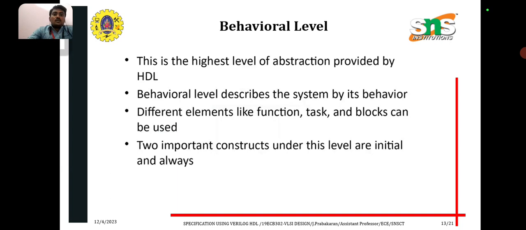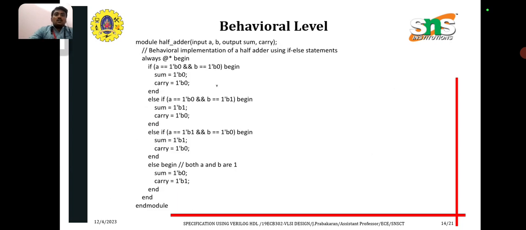Let me show some examples of Verilog behavioral level modeling. Okay, here is an example of behavioral Verilog code for a hardware using if-else statements. In this example, A and B are the input bits, sum is the output bit, carry is the output, and the always block is used to describe the behavior.